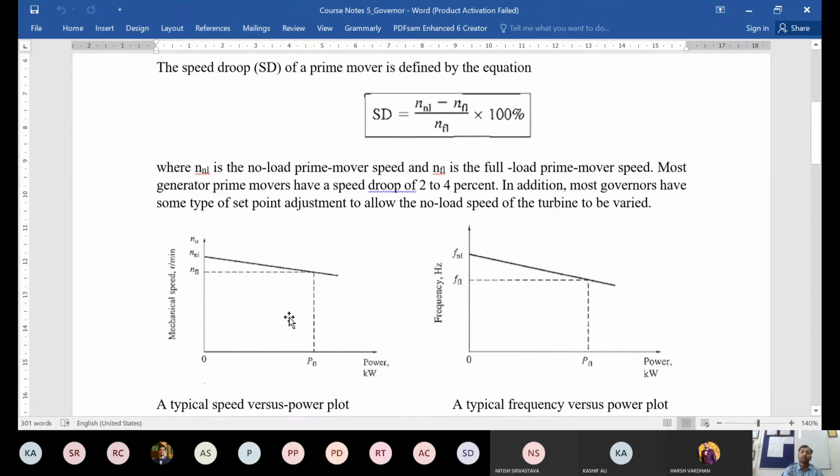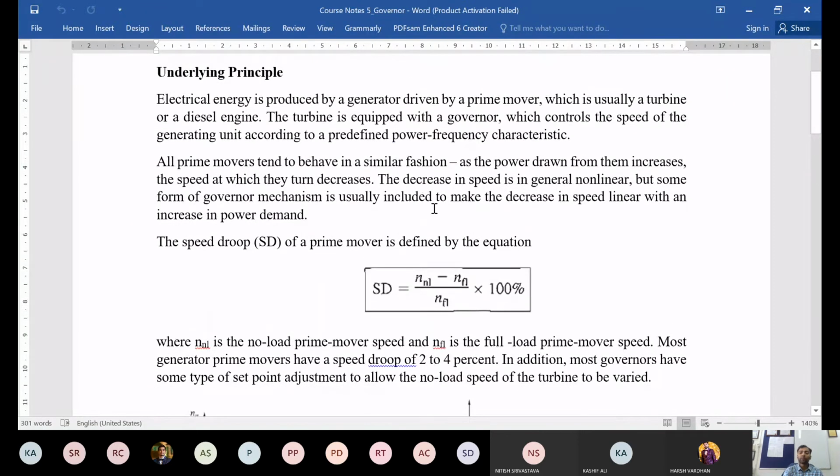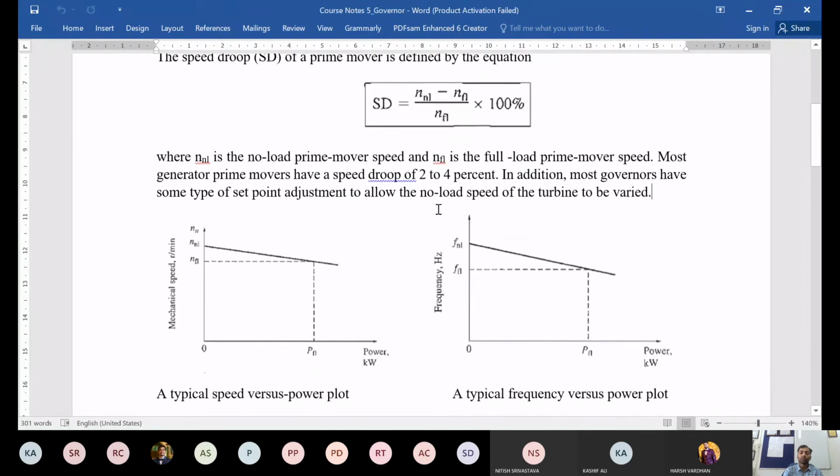Now, as we said, power and frequency have a very integral characteristic. On the right-hand side, this is the power versus frequency curve. Can someone say how the right curve is related to the left curve?